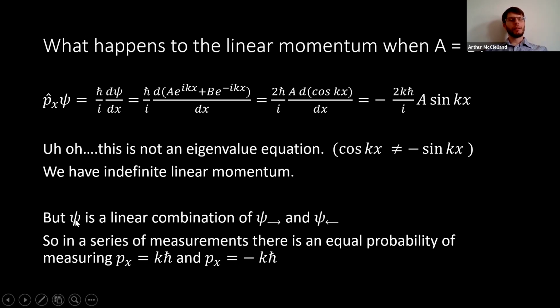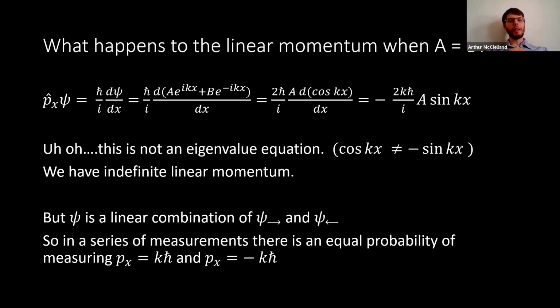But we can note that psi is a linear combination of psi right arrow and psi left arrow. So it's a linear combination of two eigenfunctions already. If we took a series of measurements, we make a measurement, we get one discrete value.